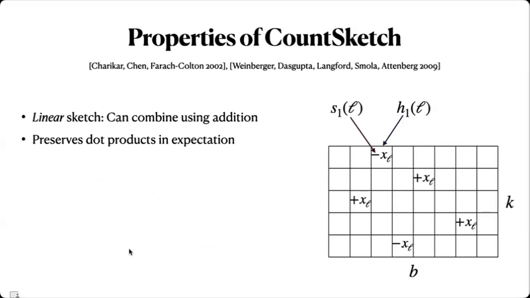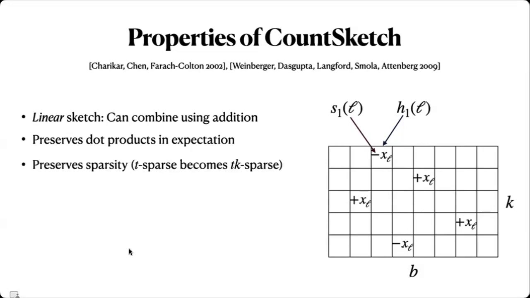Okay. So what are the properties of this count sketch or feature hashing? Well, I just mentioned linearity, but also it's easy to see that in expectation, dot products are preserved. So if you sketch two vectors and compute the dot product of the sketches, you get an unbiased estimator for the dot product of the original vectors. And this is important in some of the machine learning applications.